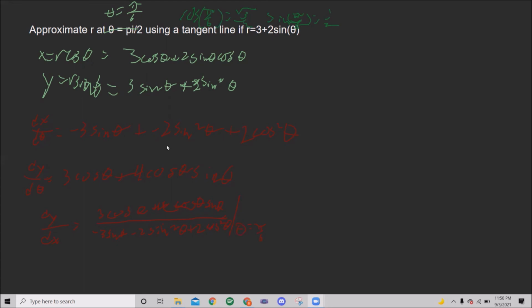So now we just have to find dy d theta over dx d theta at the point theta equals pi over 6. And so we're going to do that.